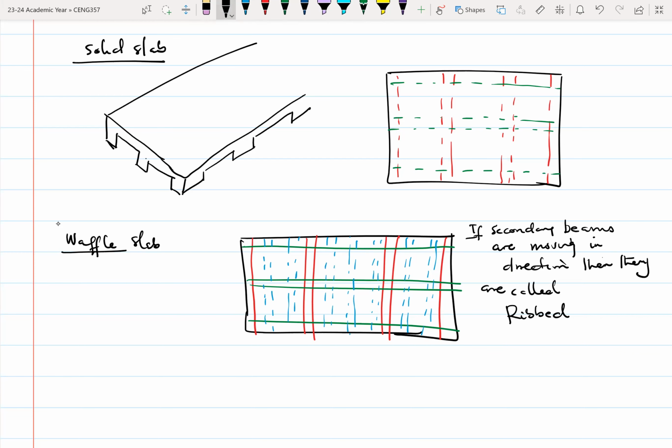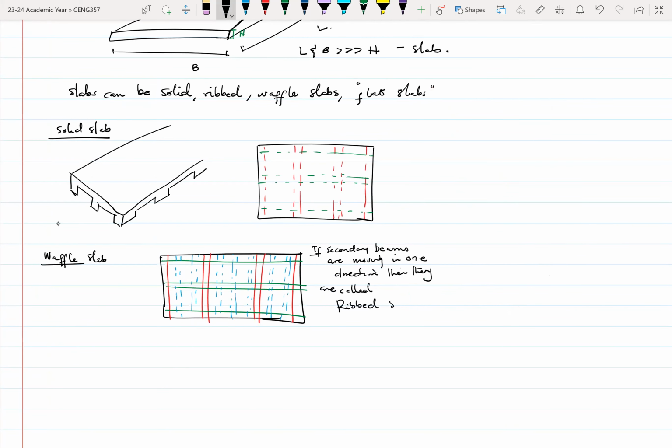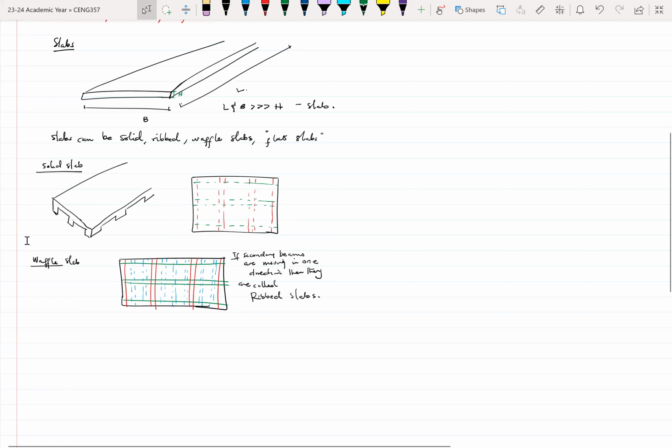If the beams are moving in one direction, then they are called ribbed slabs. With the waffle, it means we need to have a waffle slab.